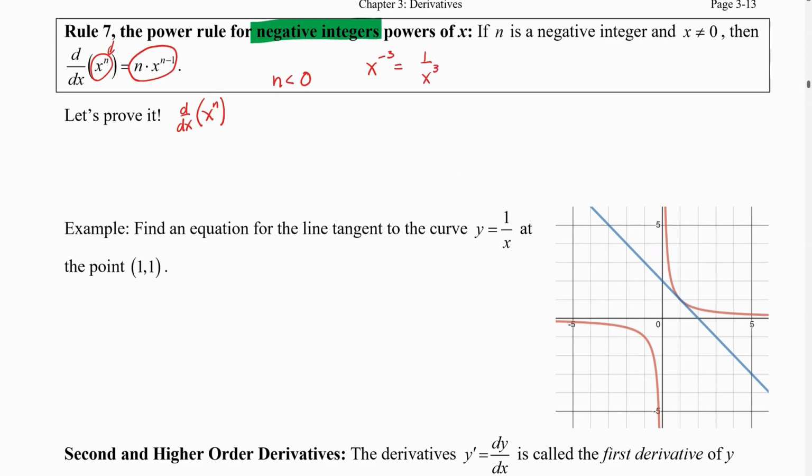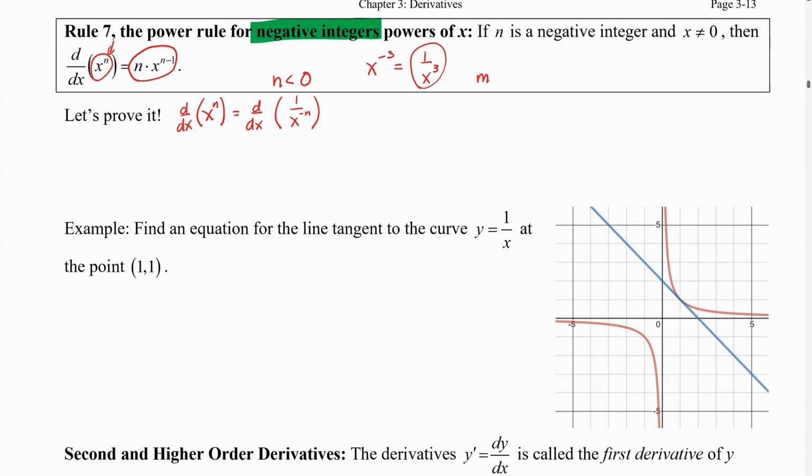Yep. Well, if I write it this way, it looks a lot like I have something that looks like a quotient rule. Maybe I can rewrite this. x to the nth, but now I'm going to say 1 over x, and here's the tricky part, to the negative nth. Remember, n was originally negative. Negative n is now positive. Okay. In fact, how about we make a little substitution here.